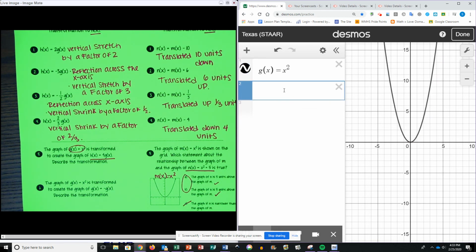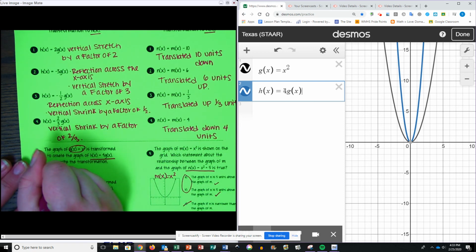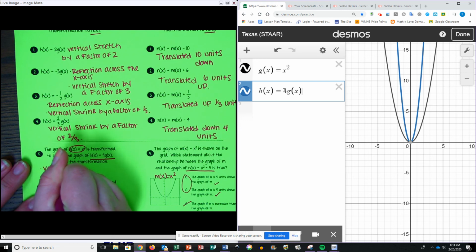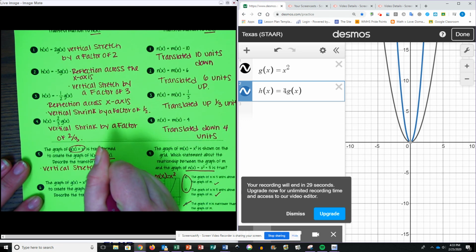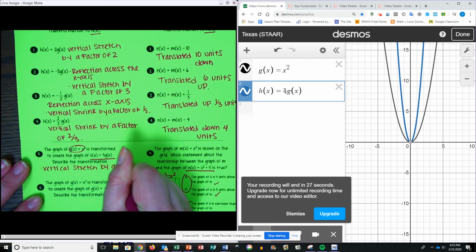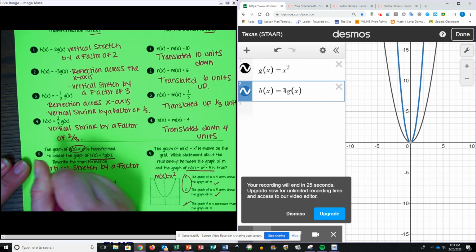I'll keep my parent function up there and type h of x equals 4 g of x. Okay, and it did stretch. It is narrower. So it's a vertical stretch by a factor of 4.